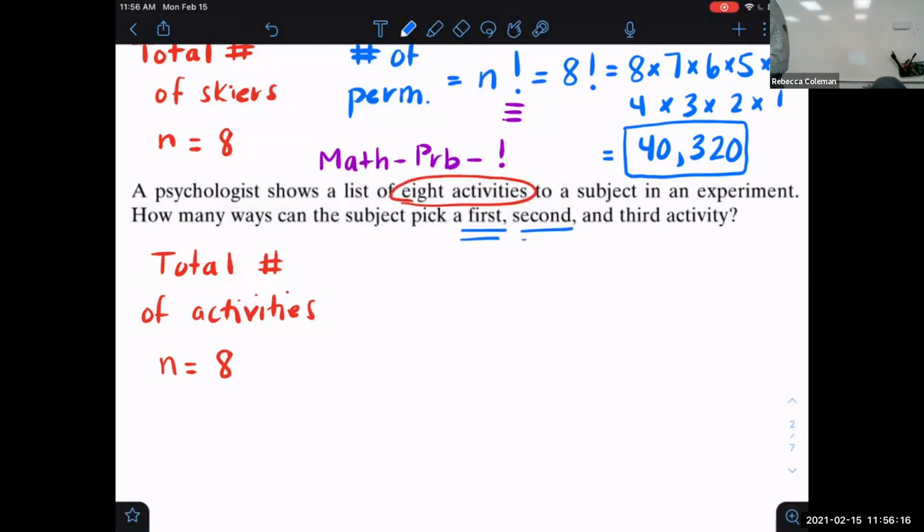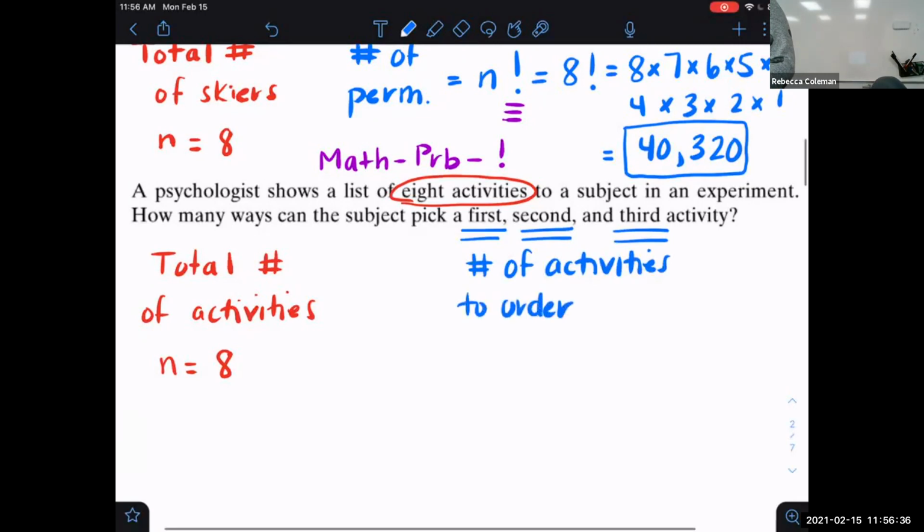It says we just want a first, a second, and a third activity. So in this particular example, we have 8 total activities, but the number of those activities that we actually want to order is 3.